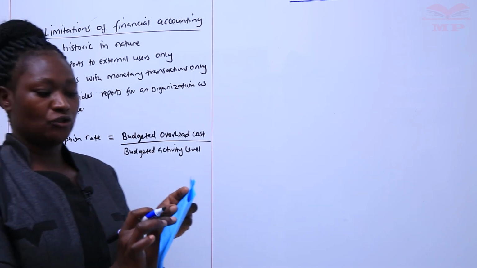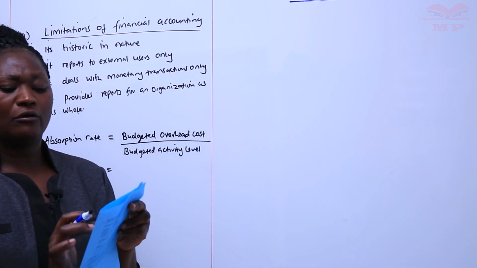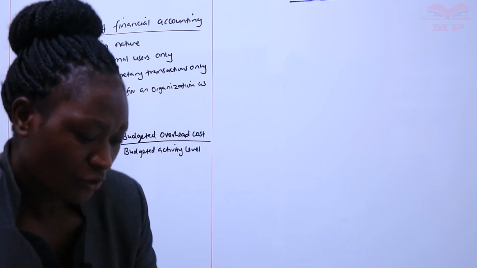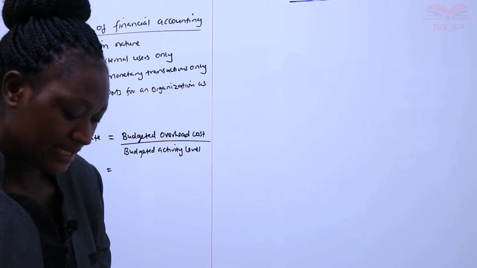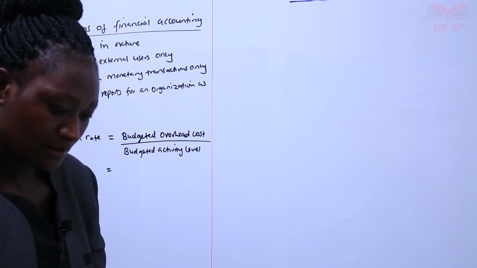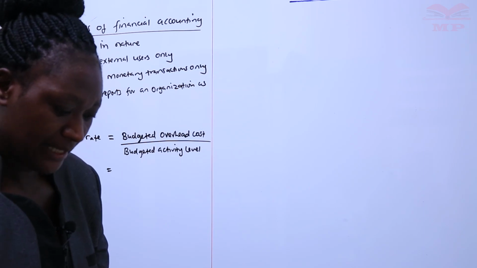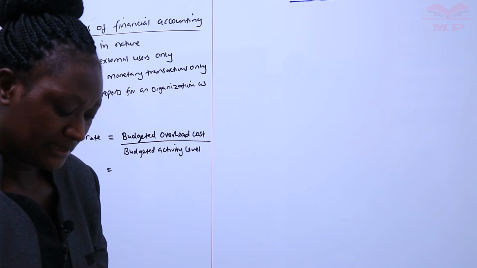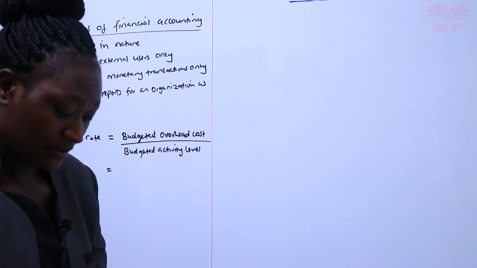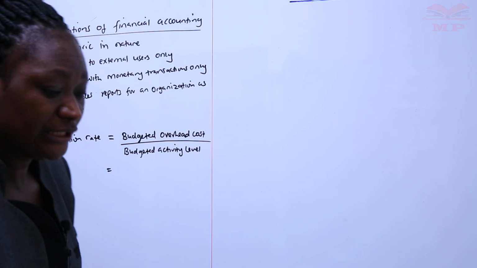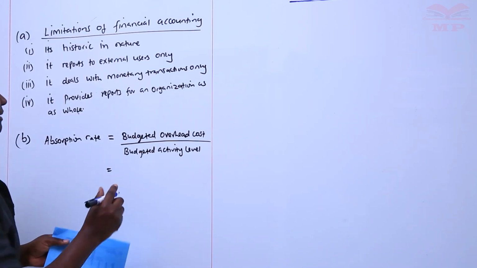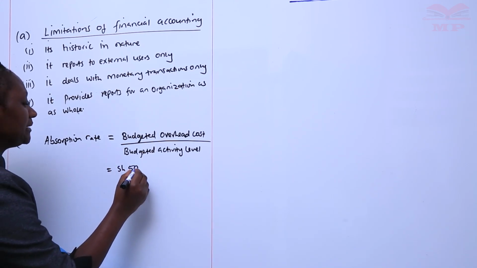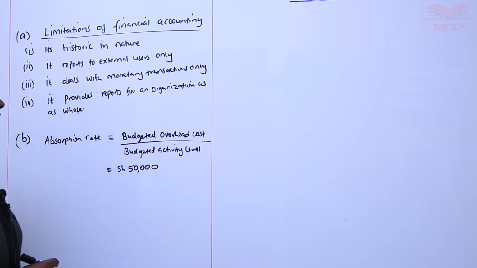So you get the total of the production overheads, and the total will include 14,600 plus 6,800 plus 8,250 plus 5,850 plus 6,200 plus 8,300, which will give you a total of 50,000. So our budgeted overhead cost will amount to 50,000 shillings.